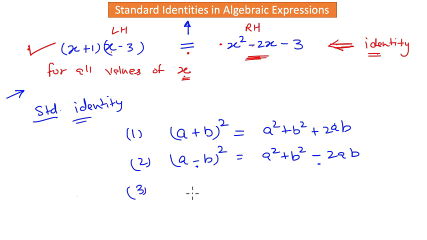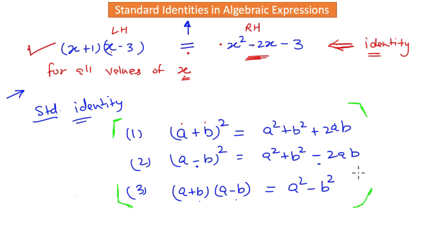And the third one is, what if I have a standard product of the term a plus b times a minus b, and this results in a square minus b square. And keep in mind that as we are talking about a and b, all of these we assume to be variables in this case, all right? Now the reason we call them standard identities is because these are the most frequently used algebraic identities, hence standard.